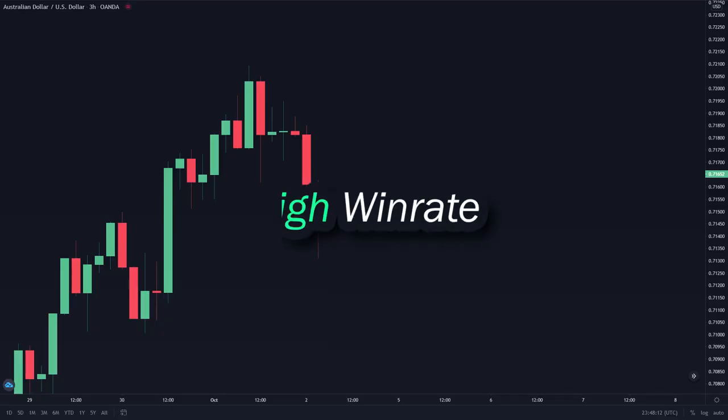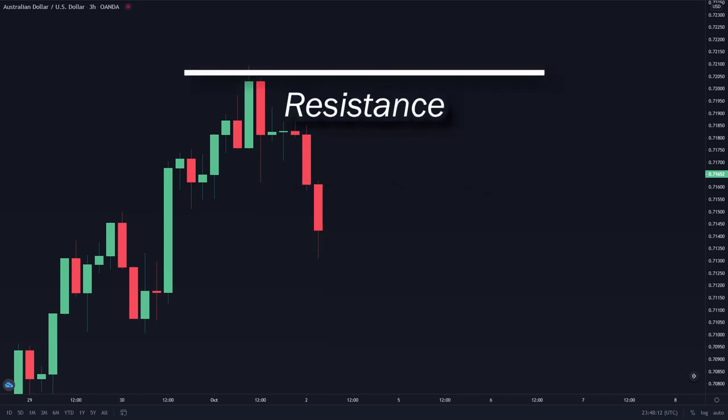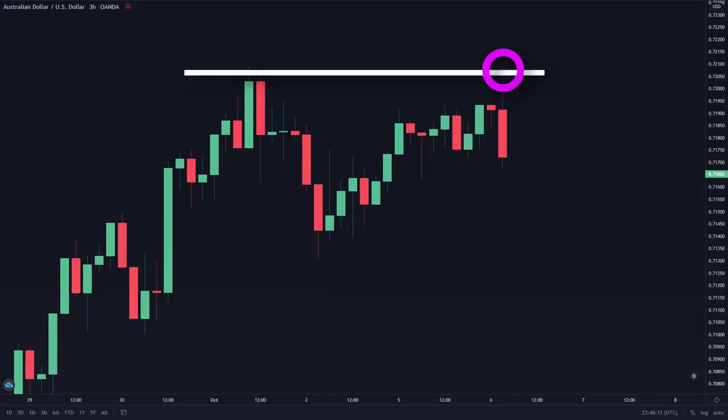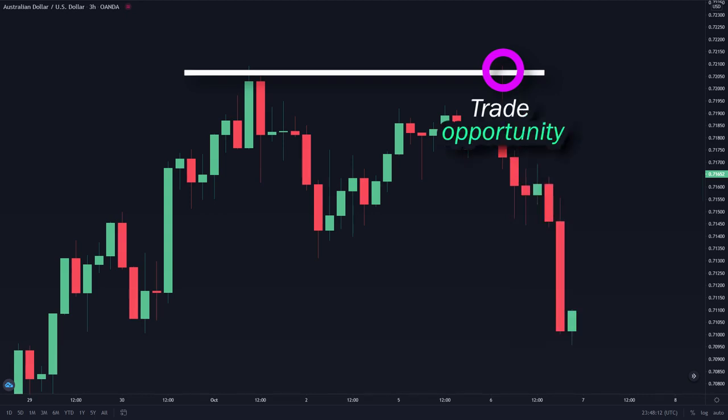Like in this example, in this chart, we can spot that there's an area of resistance here as prices went up to this level and reversed downwards. So the next time price hits this level again, there's a high chance that it's going to reverse downwards again. And so this can be a possible trade opportunity. So that is why support and resistance is very important.